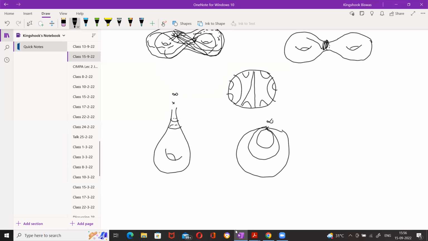But if I take a horocycle based at a point which is not in the orbit of infinity, so infinity will have a dense orbit on the circle, but if I take some psi which is not in gamma infinity, then this horocycle will be dense. I can't draw it, but it'll be dense.